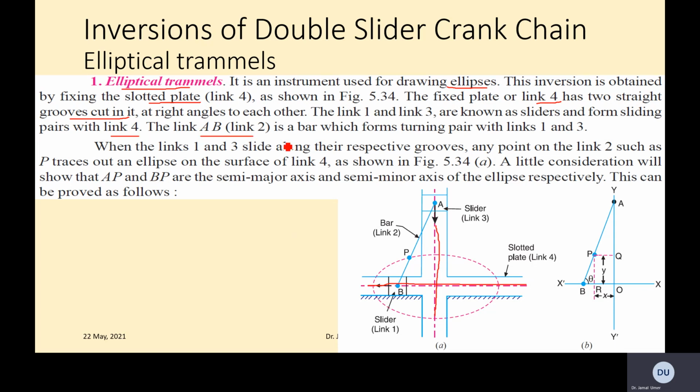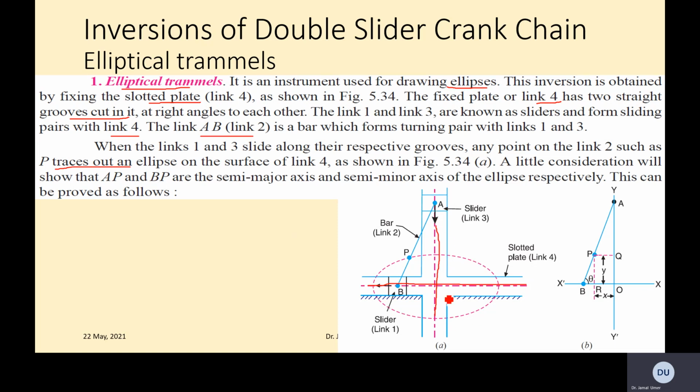The rod AB is a bar which forms turning pairs with links 1 and 3, as discussed already. When links 1 and 3 slide along their respective grooves, any point on link 2, such as P, traces out an ellipse.